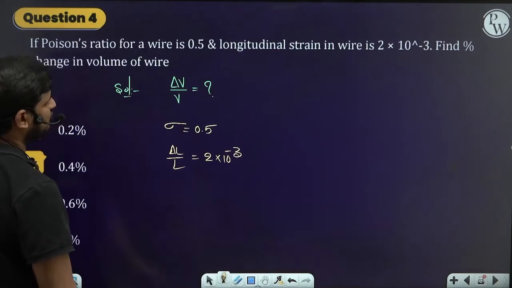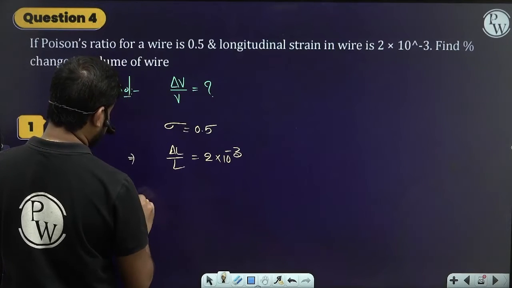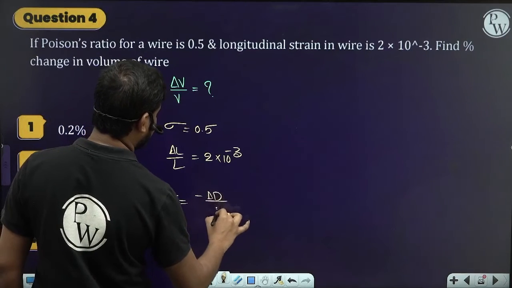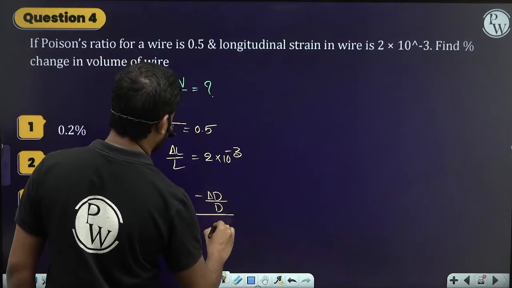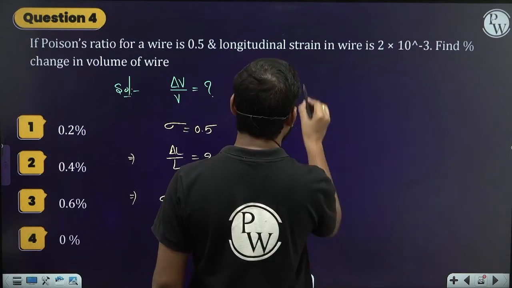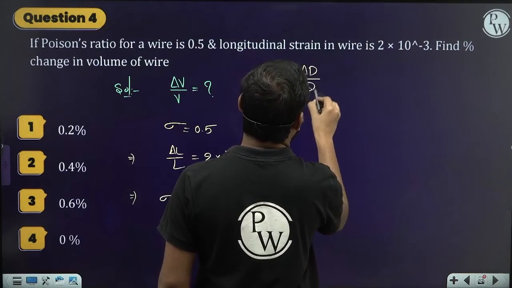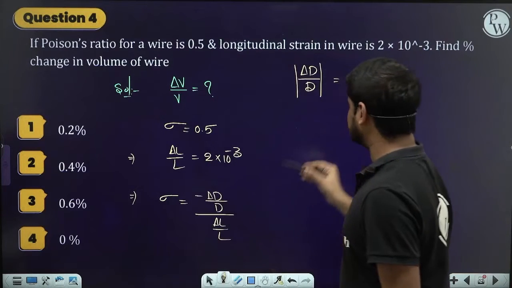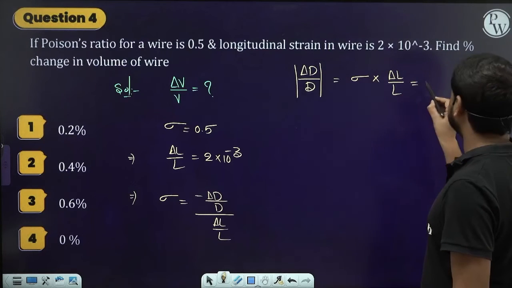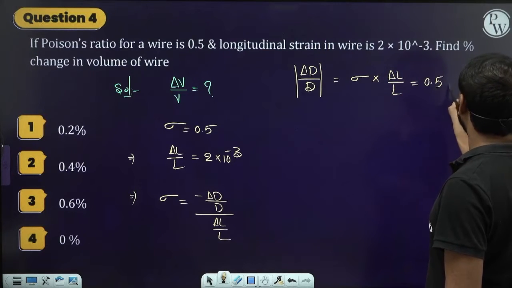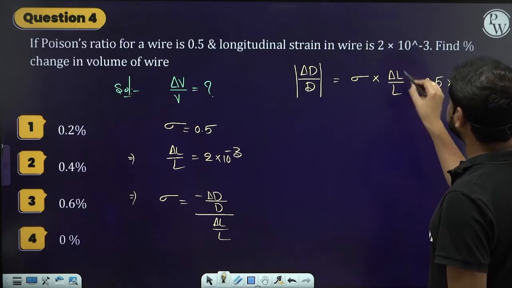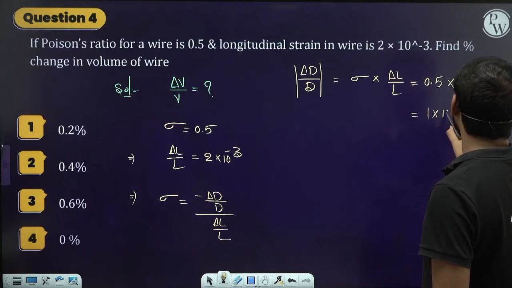So first, sigma is equal to minus delta d by d divided by delta L by L. From here, the magnitude of delta d by d is equal to sigma into delta L by L. So 0.5 into 2 into 10 to the power minus 3, the longitudinal strain, gives 1 into 10 to the power minus 3.